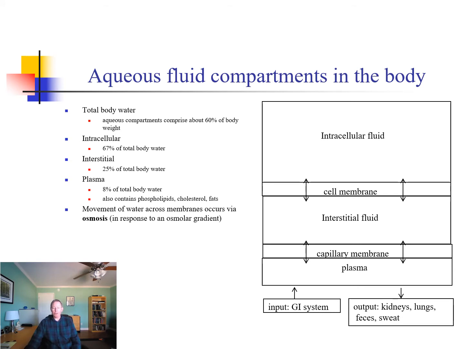But if I do have a different osmolarity in the interstitium versus the plasma, then I can have a net movement of water. Now, it does take time for water to go from the input, my GI system, into my blood, and then from the blood into the interstitium and into the cells. And this might take several hours, for example.